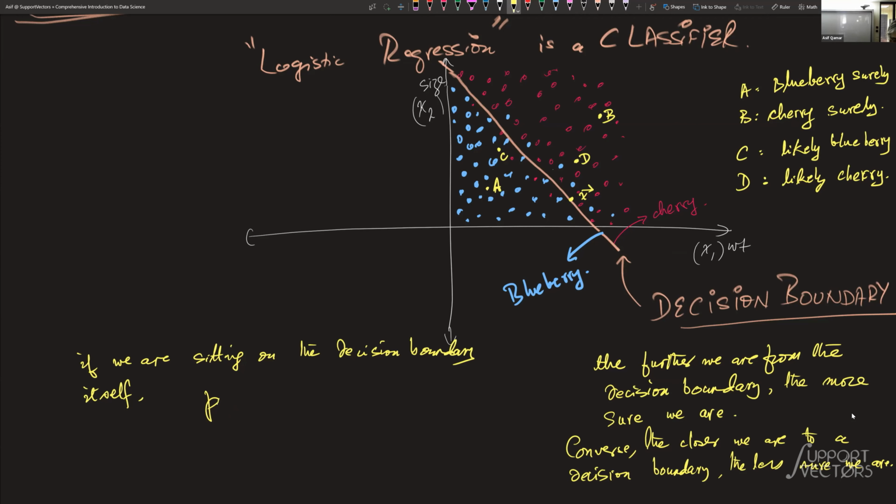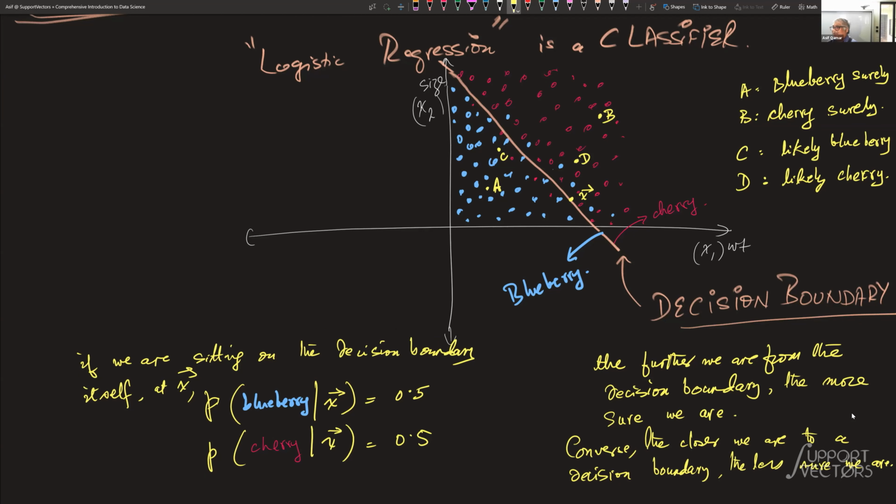So here's the mathematical language. Given point, if we are sitting on the decision boundary at X, right? You say that the probability of blueberry given X is at this moment 0.5, half, right? Likewise, the probability at that point of cherry given X is also 0.5, 50-50.